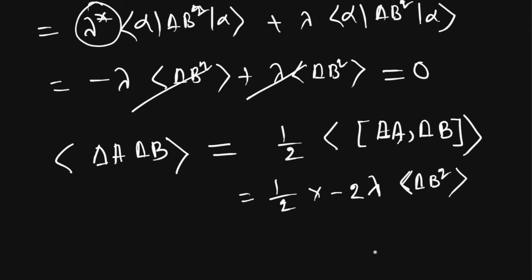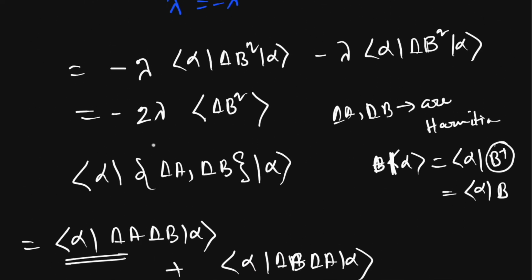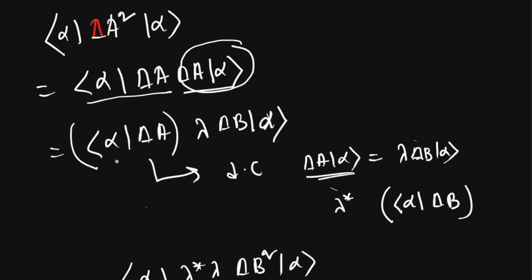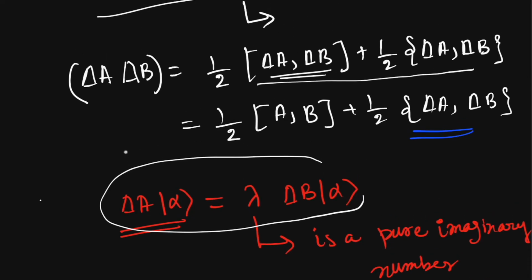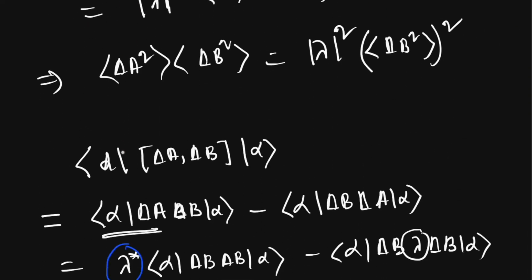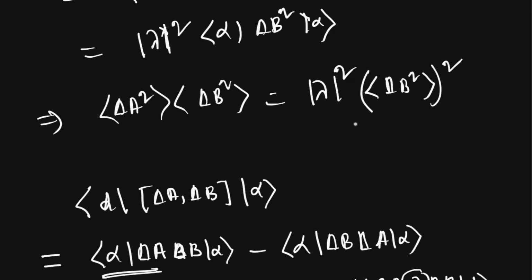Now what is the expectation value? What will be the uncertainty relation? The uncertainty relation will become delta A square into delta B square.